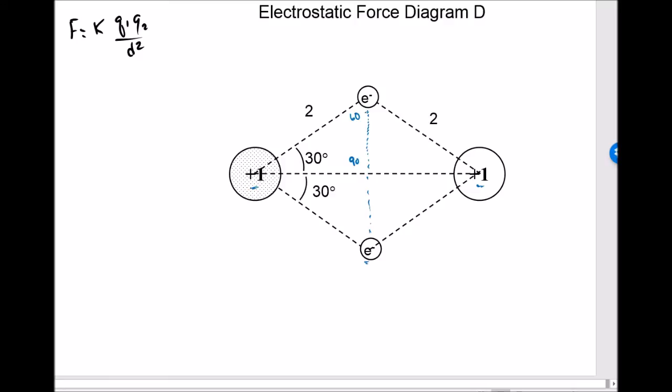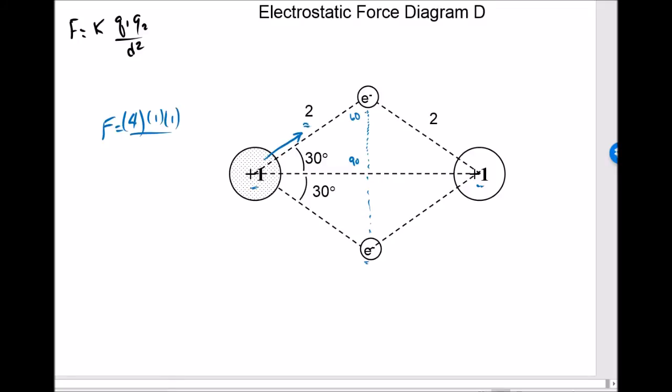Alright, so we can try to calculate the force of attraction between this proton, this nucleus, and the electron. This should be easy to do using our familiar formula. So F equals K, which is 4, Q1, which is plus 1, Q2, which is minus 1.